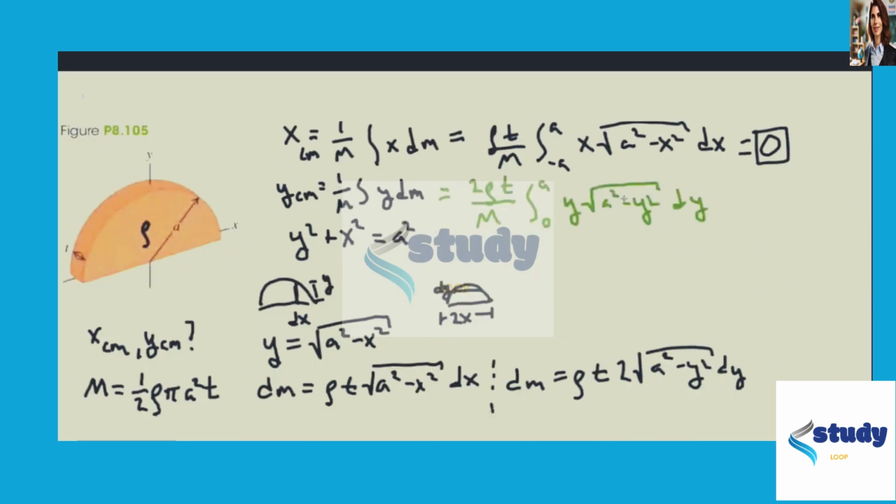So you can use a u substitution to solve this integral, which we're not going to walk all the way through, but just to tell you what the substitution is you want. If u equals a squared minus y squared, which conveniently gets rid of the square root problem here, then du is going to be negative 2y dy.